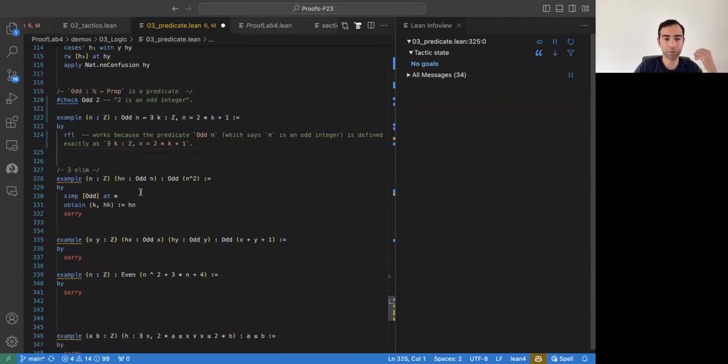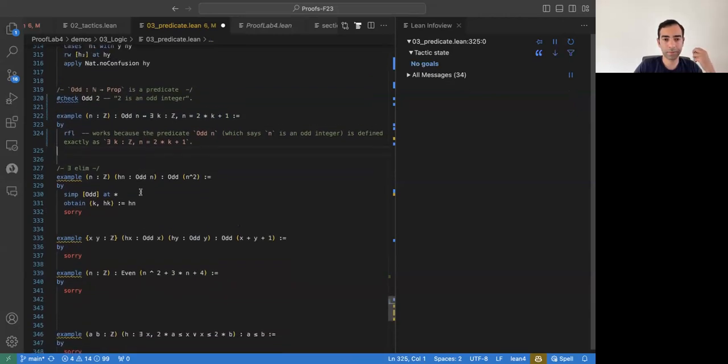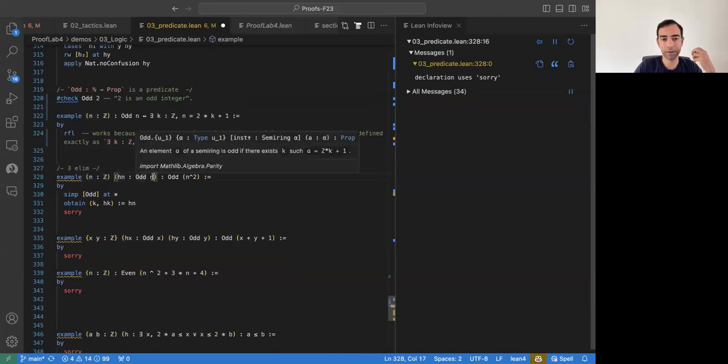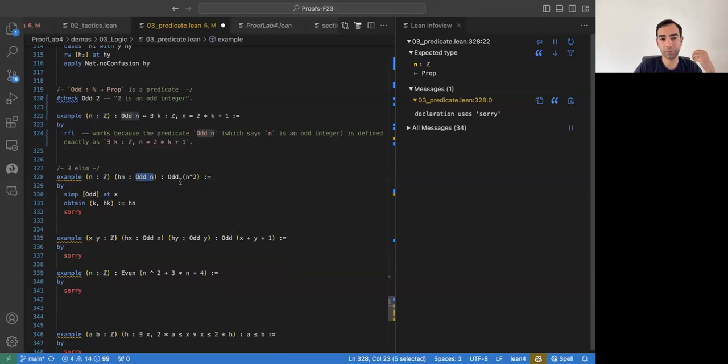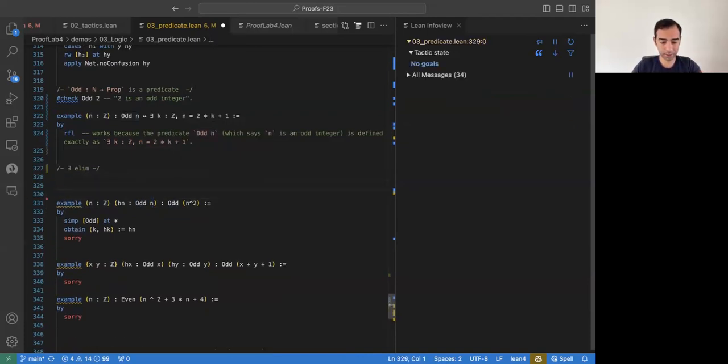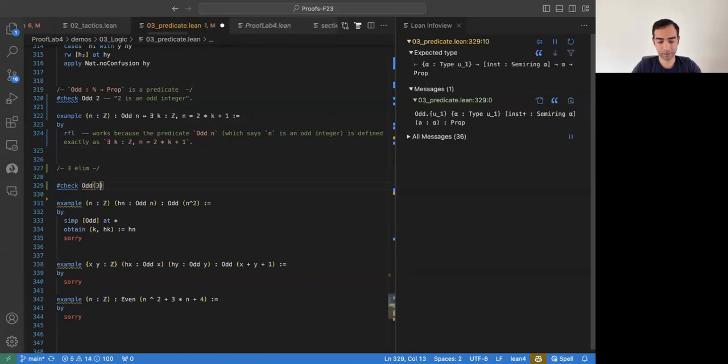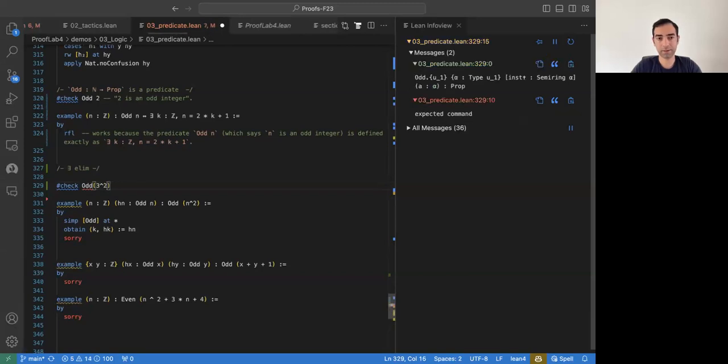Now we are trying to prove a statement: if n is an integer and I have a proof that n is odd, then I want to prove that the square of n is also going to be odd, right? This we can check. For example, 3 is odd, so 3 squared is also odd.